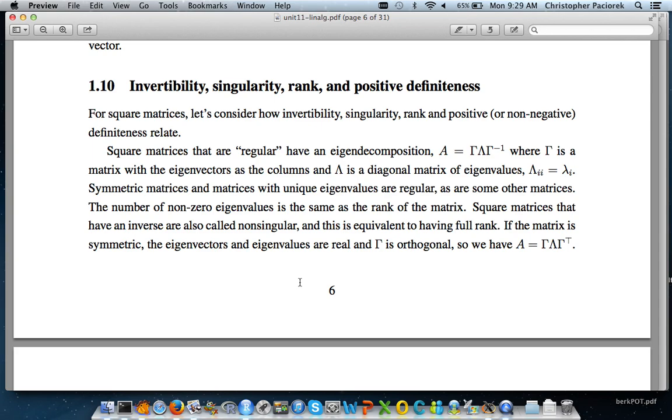So when we're dealing with linear algebra, there are a lot of these different terms that are getting thrown around, and I just wanted to throw them all up here so we can see the relationships between them. We can also have A being a positive semi-definite matrix. And that's essentially equivalent to a constrained covariance matrix, and we'll talk about what we mean by constrained in a little bit.